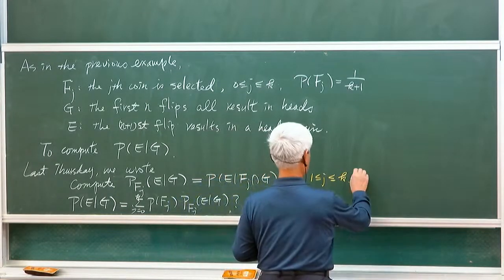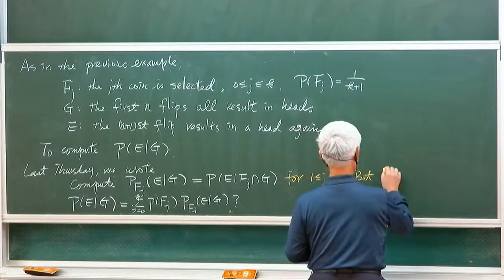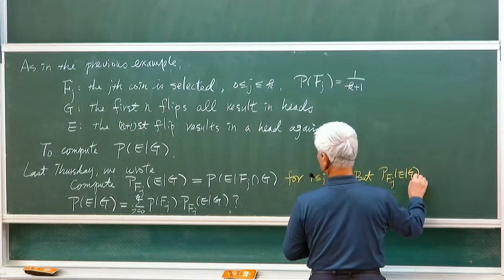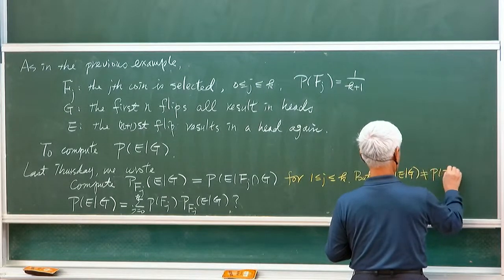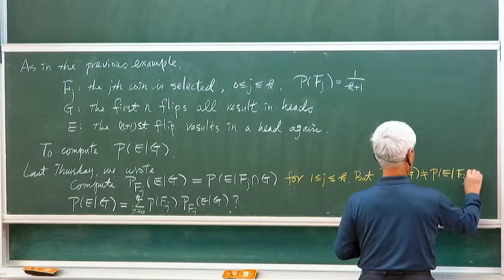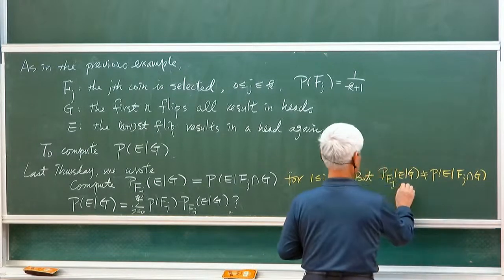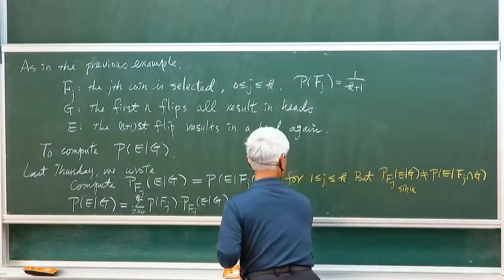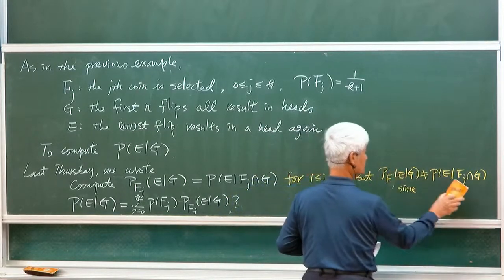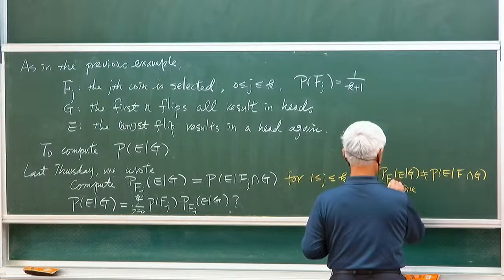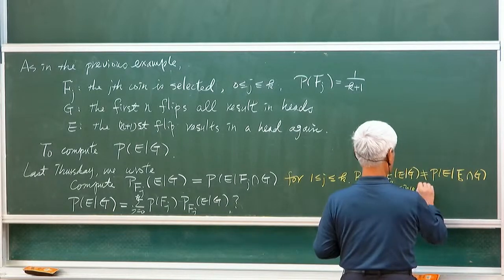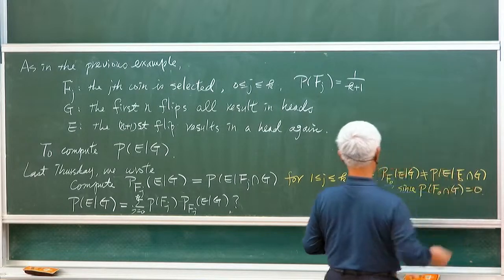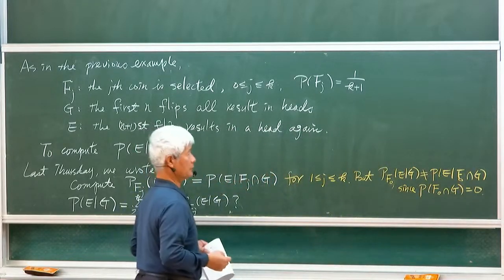Right, but it's not equal to, since, okay, if j equals 0, since the probability that f sub 0 intersect G is 0.